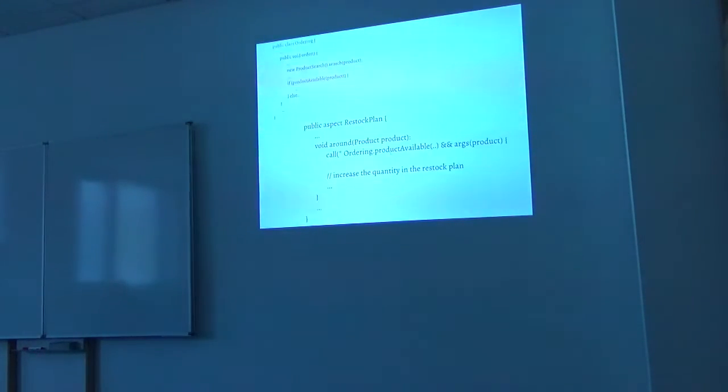I have this sketched aspect-oriented way of implementing, which would leave out this red thing, so your ordering would be free of checking whether there are enough products on the stock, and you would have this behavior in an aspect.